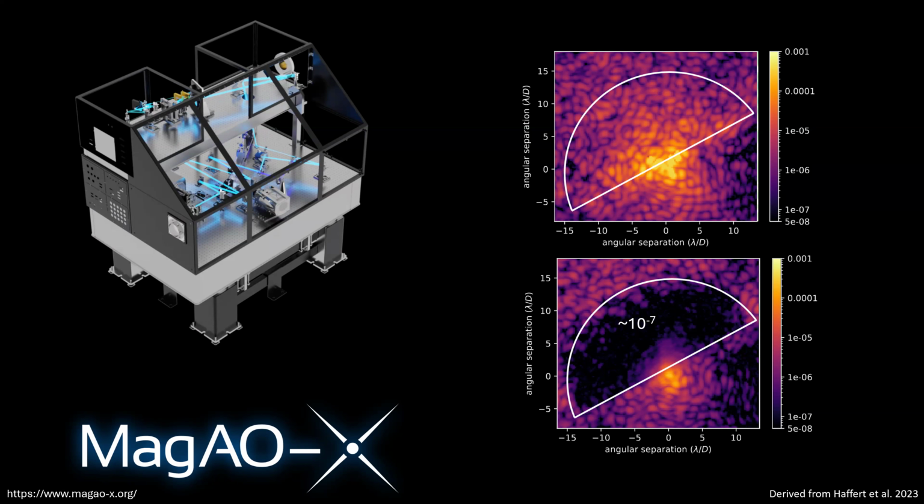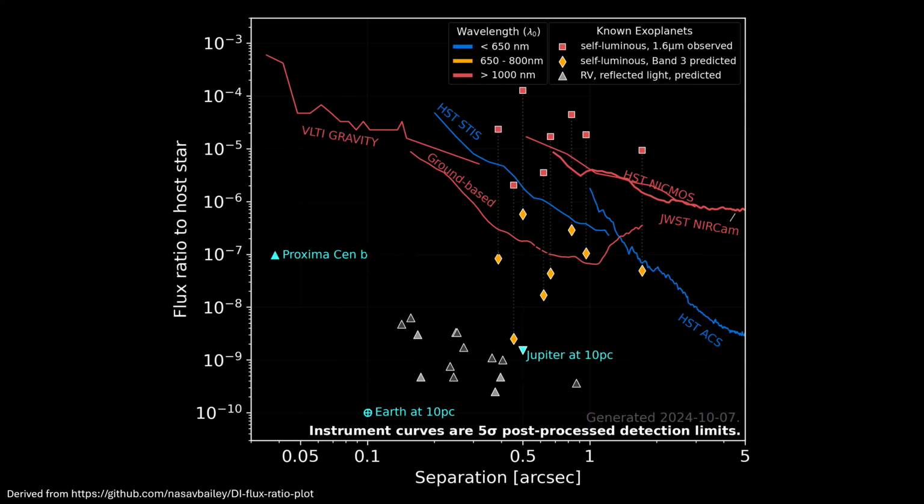on MagAO-X. It can only achieve contrasts around 10 to the minus 7, a little bit deeper than 10 to the minus 7. And practically speaking, there is a limit to how far down in contrast you can go in ground-based imaging. So this is a plot of the flux ratio, the contrast, versus separation in arcseconds from the primary star. A couple of the solar system planets, Jupiter and Earth in particular, are plotted on this.